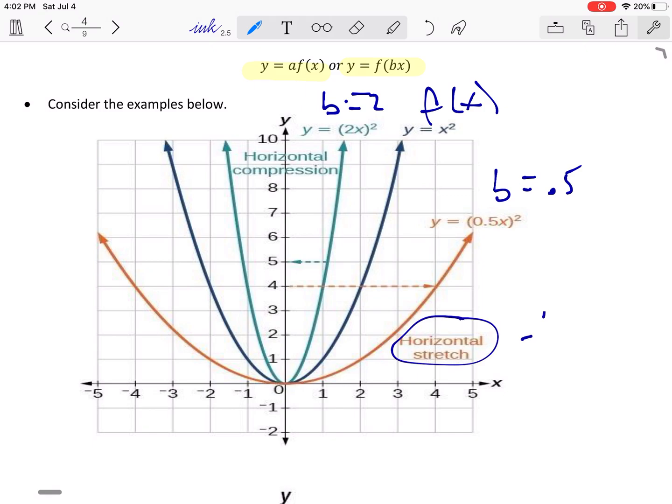And for the one that has 2x, you've got a horizontal compression, which means it's being squished in horizontally. Okay, so that's one instance.